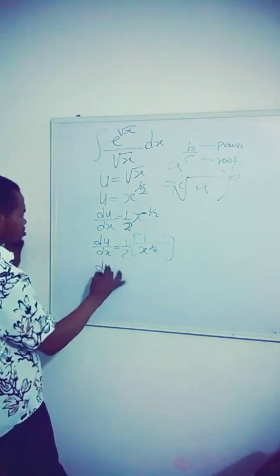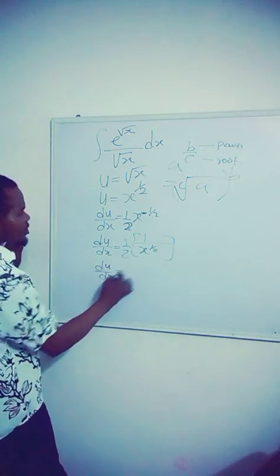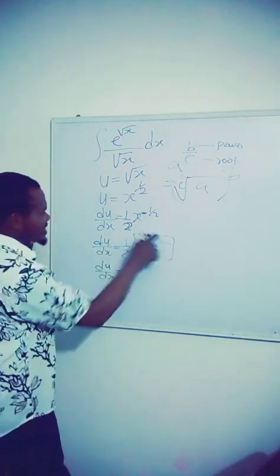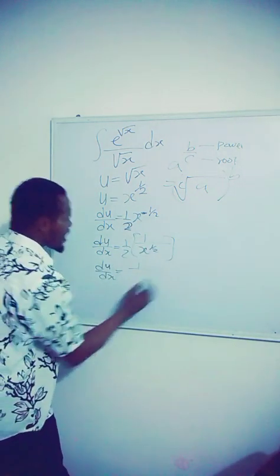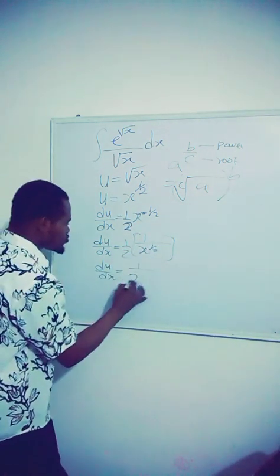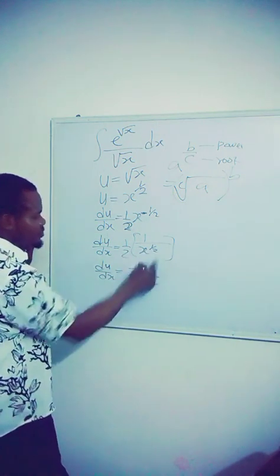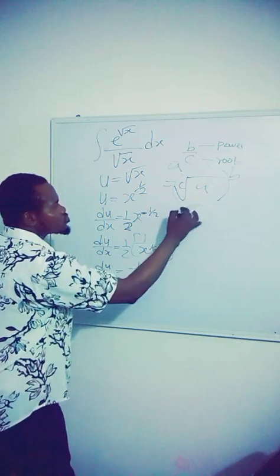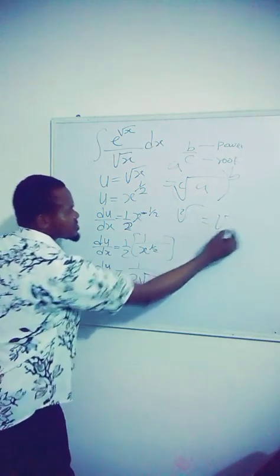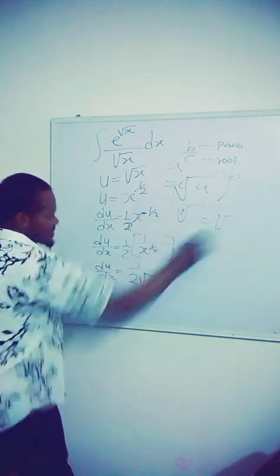So du dx will become 1 times 1, that is 1, over 2 times root x, all raised to power 1. Whether you put the 2 or not, the square root is the same.